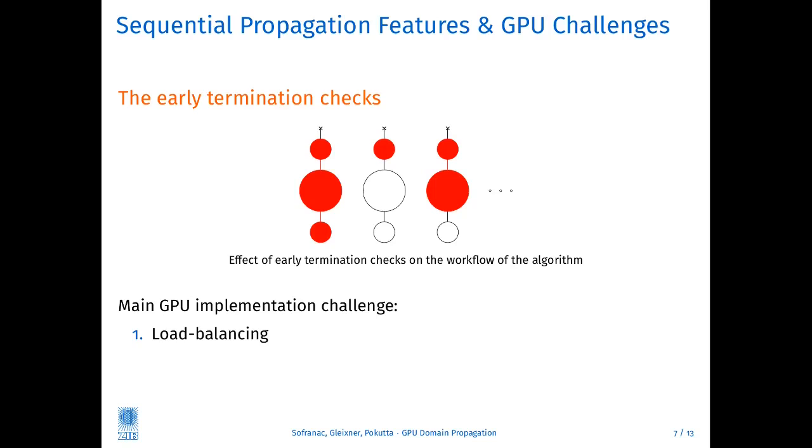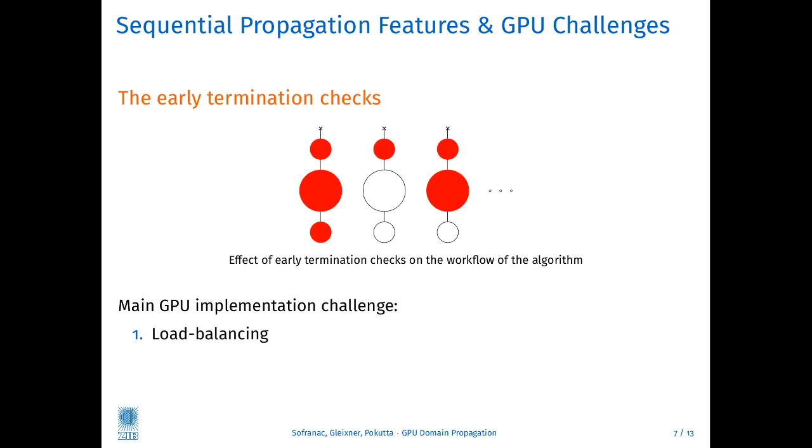Different steps often require different amounts of work. After each step, there are some algebraic checks which can detect the case when no bound change is possible for this variable. If this is the case, the sequential algorithm stops processing this variable and moves on to the next one. In our example shown in the figure, circles colored red are the processed steps, while the rest are skipped.